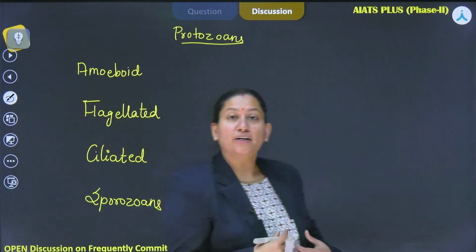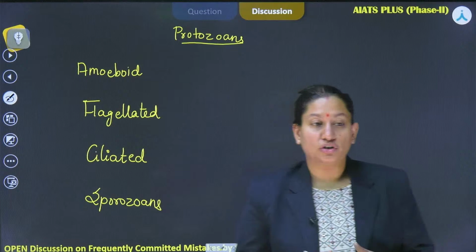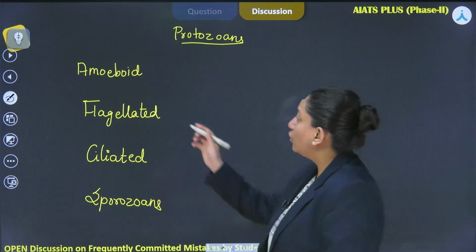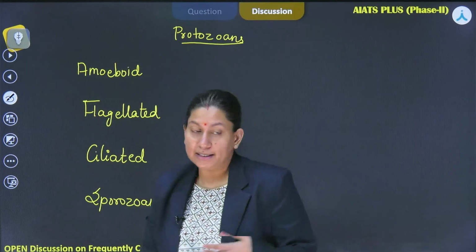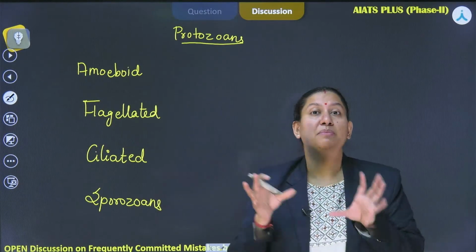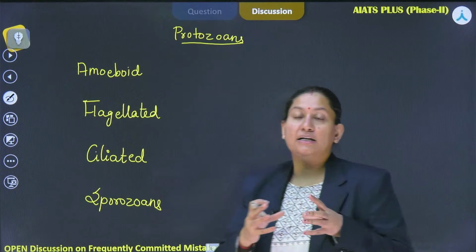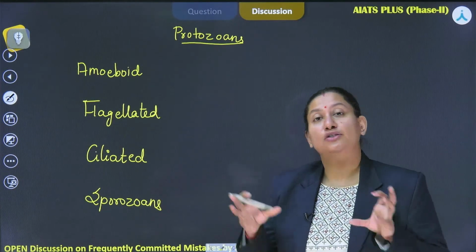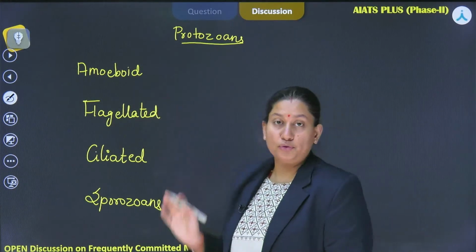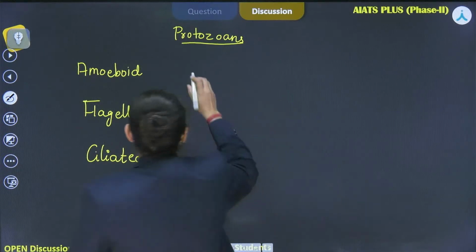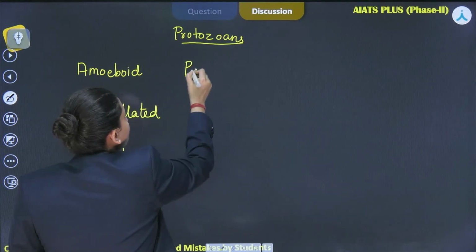Now when we talk about the locomotory structure that we can find within them, amoeboid simply means they are amoeba-like, right? We have studied amoeba many times, that it produces its false feet, that's pseudopodia. So generally amoeboid protozoans have the locomotory structure as pseudopodia.